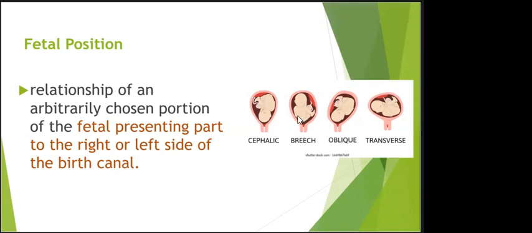If it is a breech, the reference point would be the sacrum. Okay, it would be the sacrum. Is it right posterior position of the sacrum, or is the sacrum anteriorly located? On an oblique lie or a transverse lie, the reference point would be the acromion process of the shoulder area.